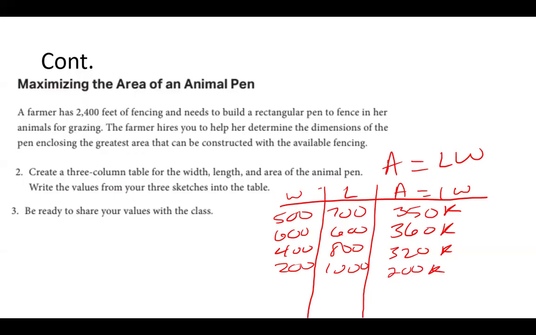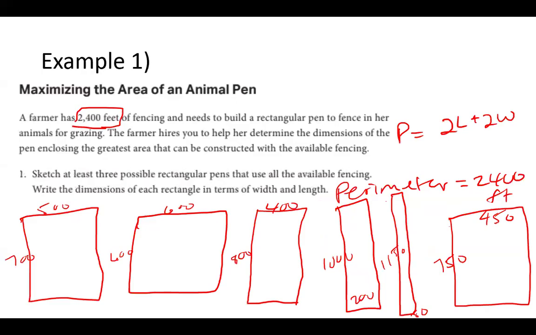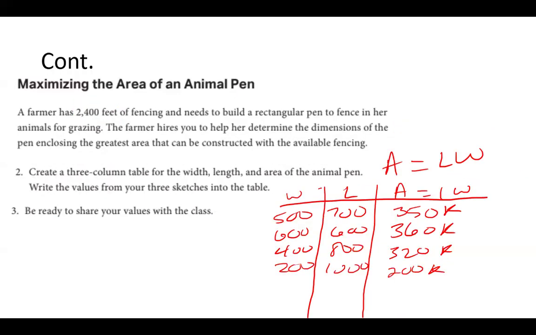Okay. Then we had, was this the baby one? The 50 by 1150. Is what? 2,400?